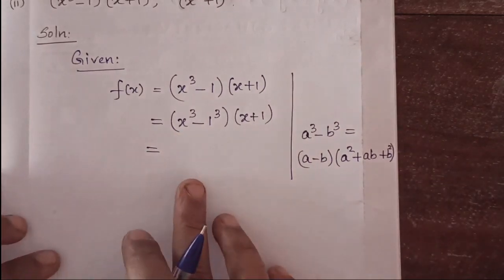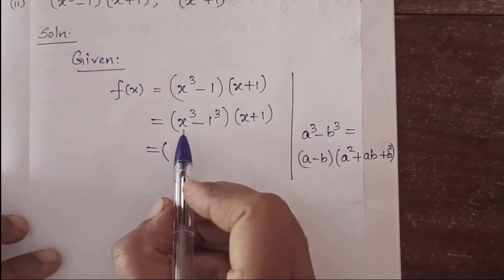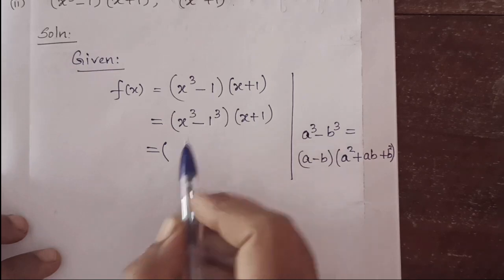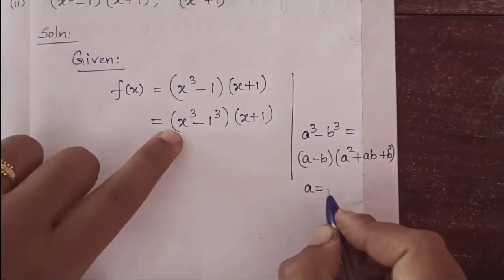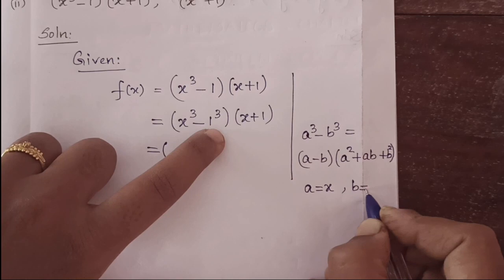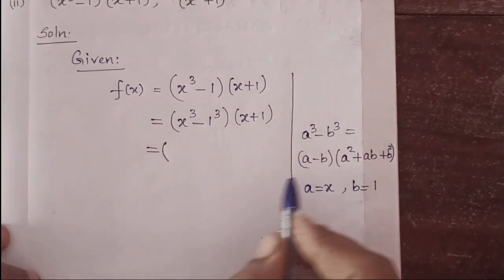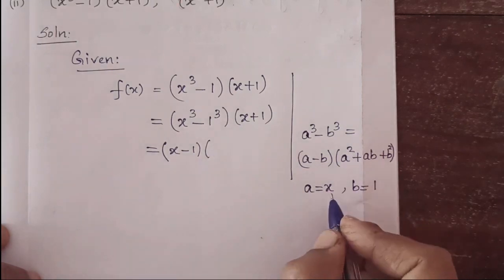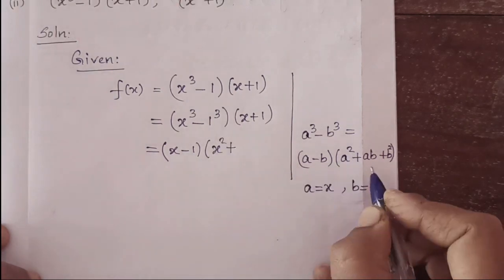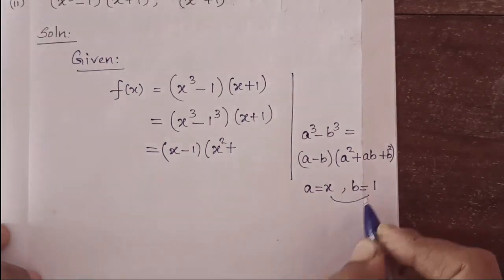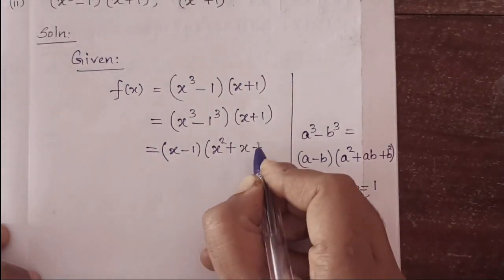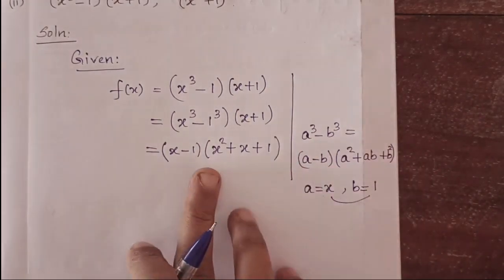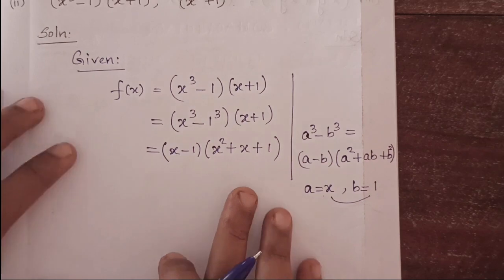So while applying the formula, in the place of a you need to put x, in the place of b you need to put 1. Applying the formula, x minus 1 into a square meaning x square plus ab, x into 1, x plus b square, that means 1 square is also 1. So now the f of x is factorized.